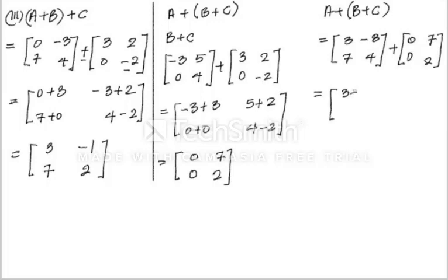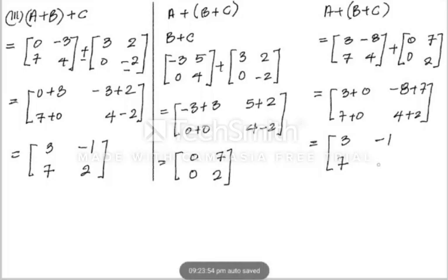That's 3 plus 0, minus 8 plus 7, 7 plus 0, 4 plus 2. All right, so this worked out to be 3, 7, minus 1, 6.